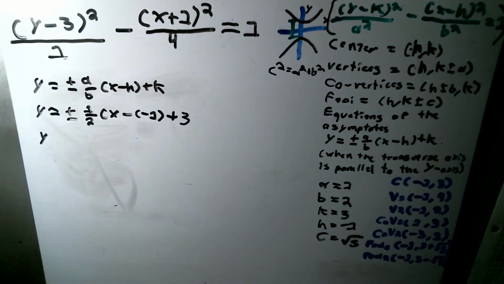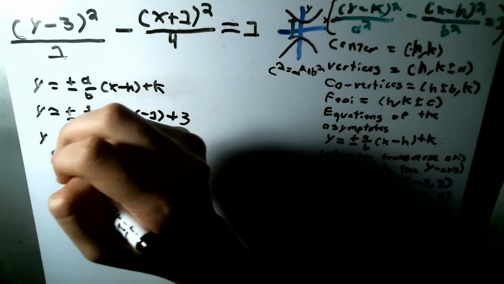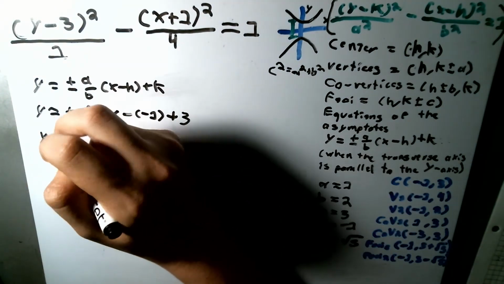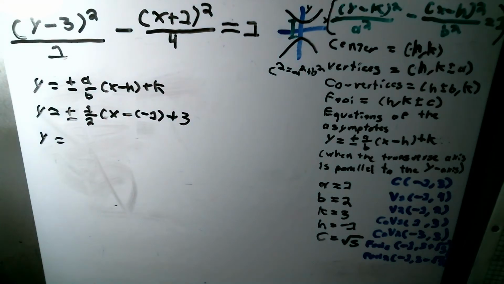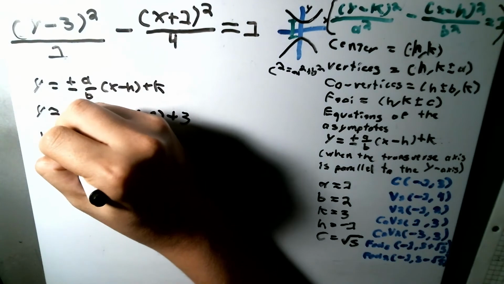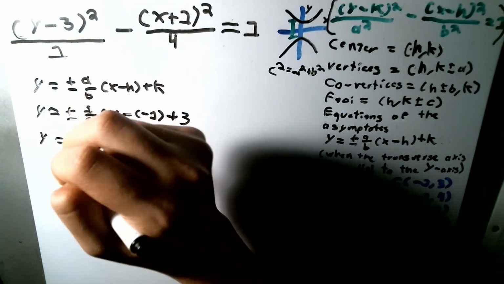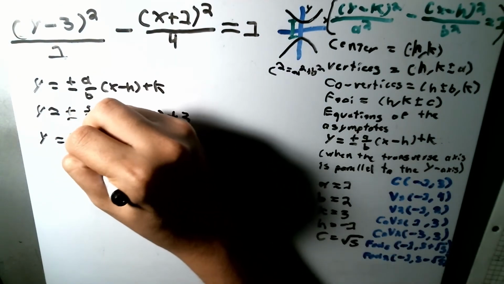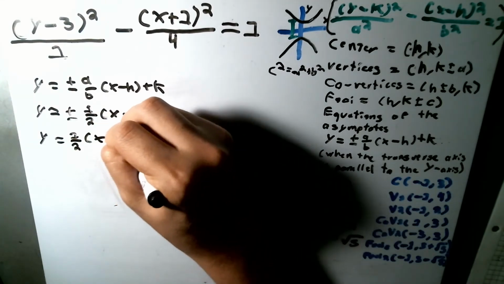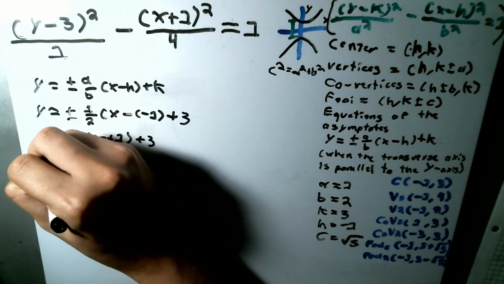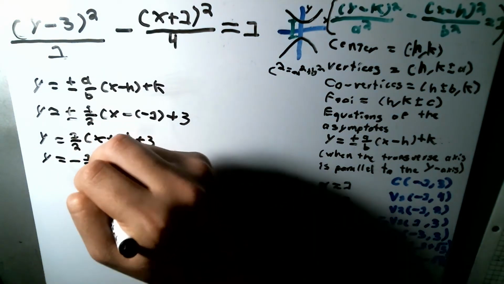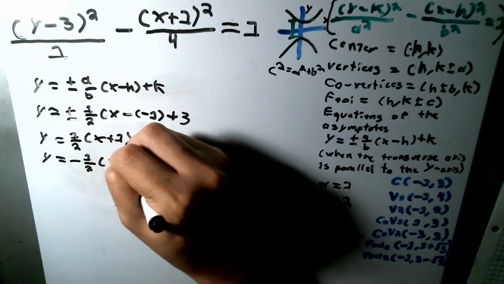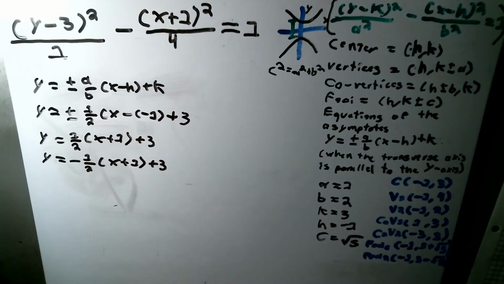So y equals... no, I was confused for a moment. Y equals 1/2 x plus 1 plus 3, and also y equals minus 1/2 x plus 1 plus 3.